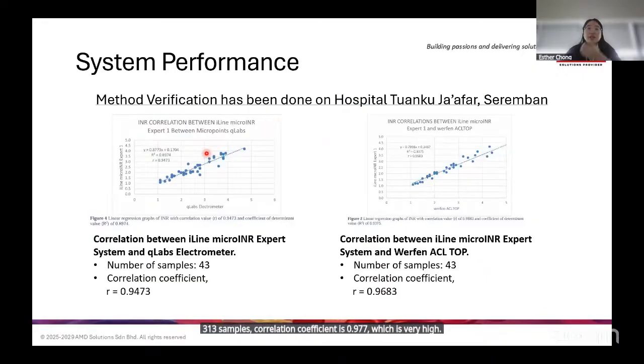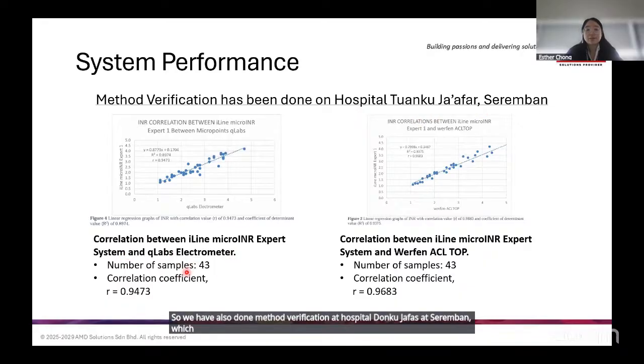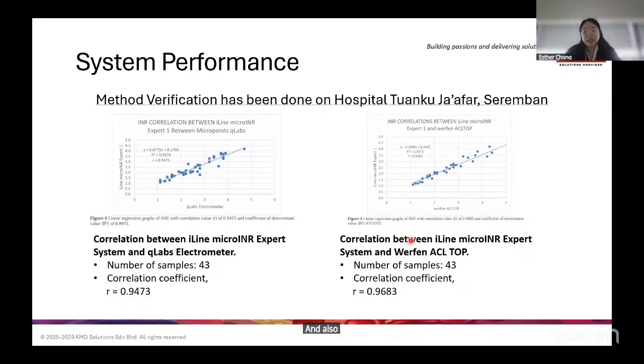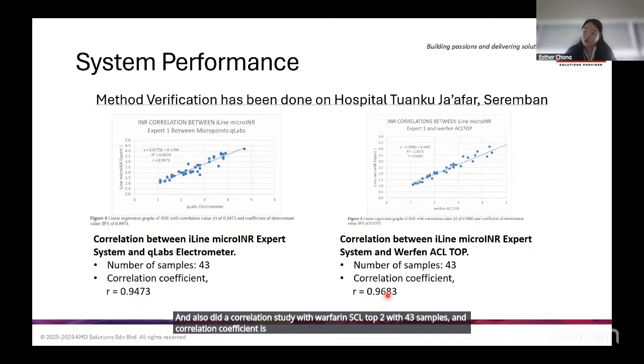We have also done method verification at Hospital Tunku Jaafar in Seremban, with 43 samples against the QLab meter. The correlation was 0.9573. We also did a correlation study with Warfarin SL Top 2 with 43 samples, and the correlation coefficient is 0.9683.